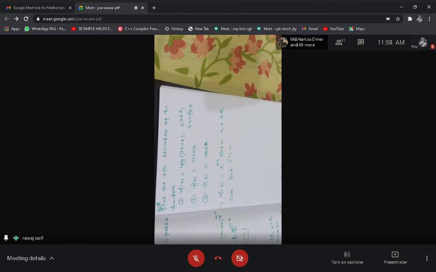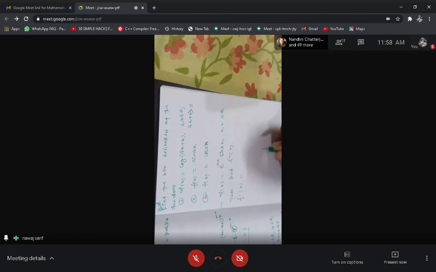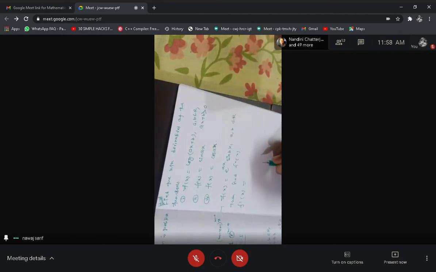What is the nth order derivative of this function? First of all, find the first order derivative. What is f dash x?